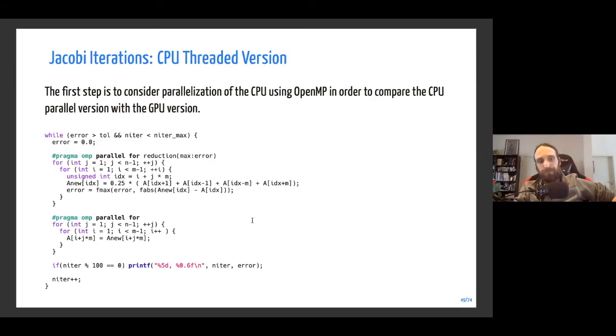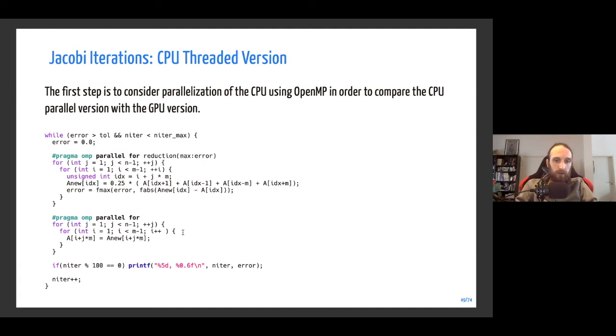So the first step is to parallelize it for the CPU in order to have some test runs only on the CPU and have some timing. If you do that with OpenMP, this is for the CPU, so we don't create a team of threads. We just use the parallel for directive as well as a reduction operation to compute the maximum of the error, and then we do the copy.